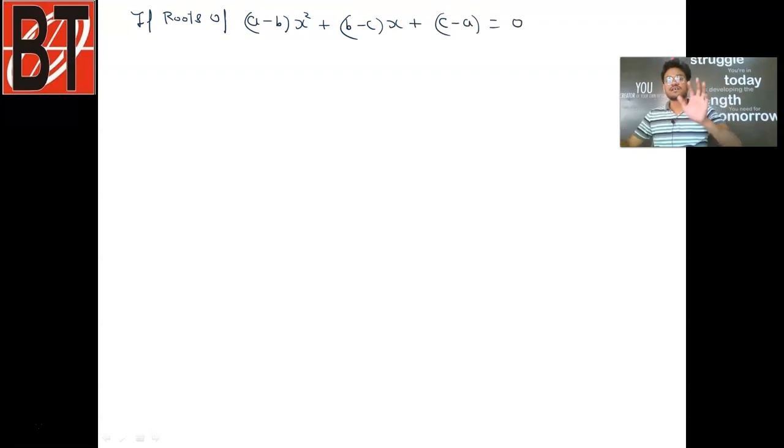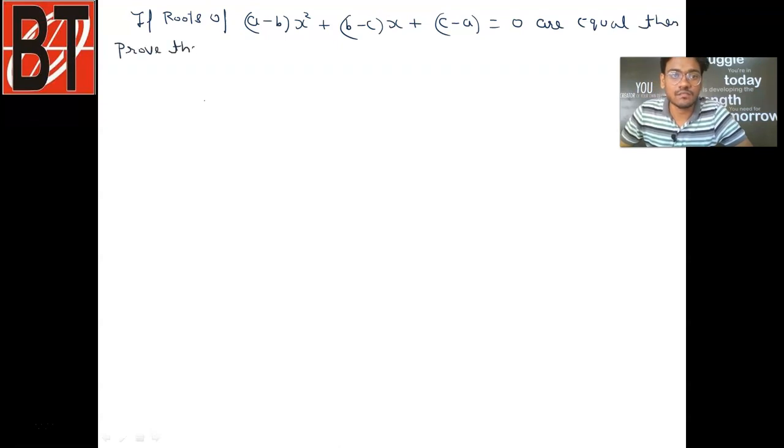This is the given quadratic equation, and if roots of this particular equation are equal, then we have to prove that, what we have to prove? We have to prove a result. The result is 2 times a is equal to b plus c.